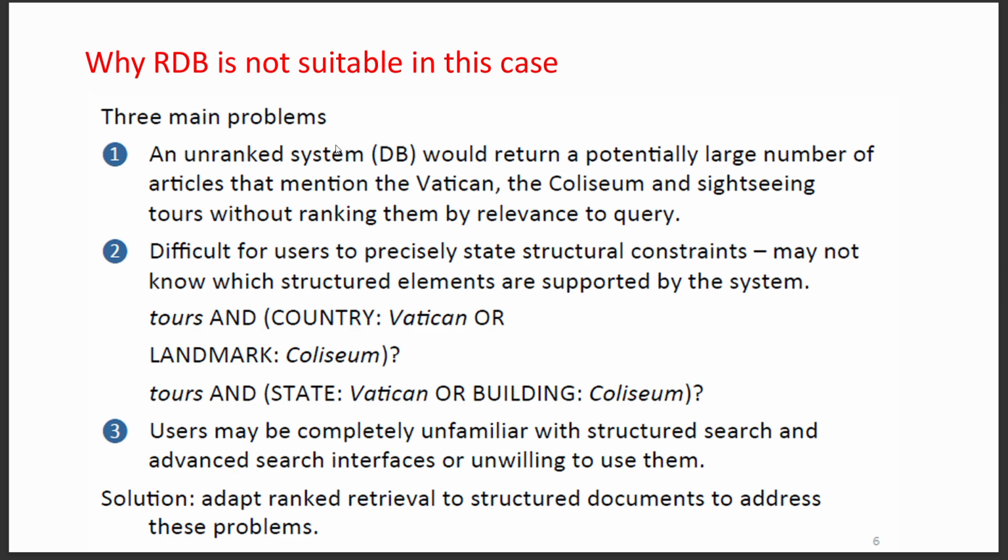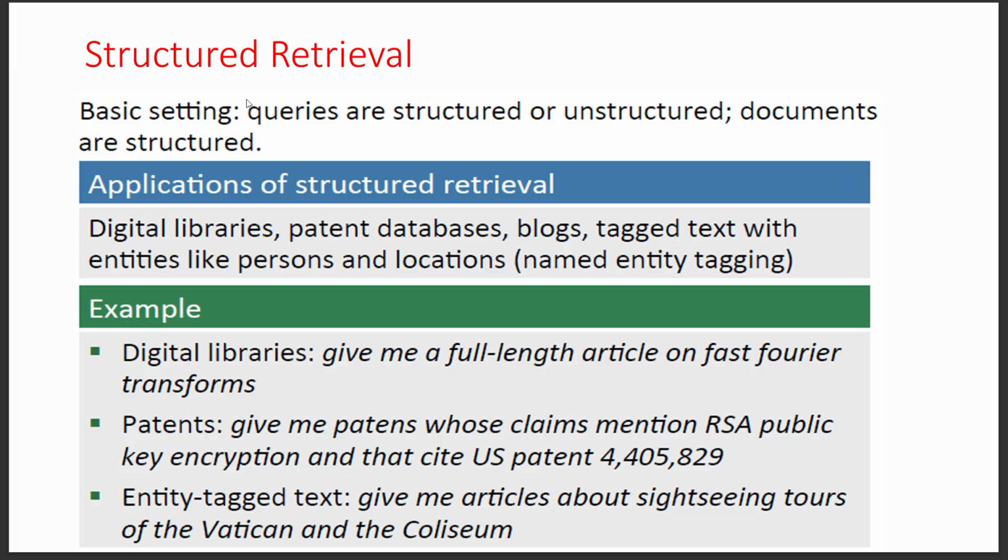So when we are retrieving any data, the IR system should be able to fetch the relevant data even from unstructured documents. As I have already said on the previous page, queries are structured or unstructured, but documents will always be structured in structured retrieval. So building an IR system only for this doesn't make any sense.